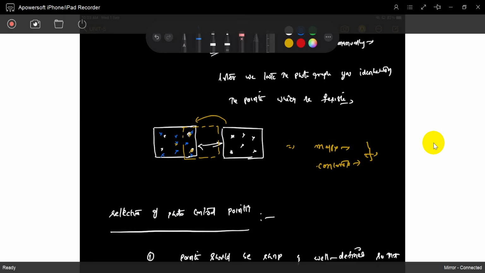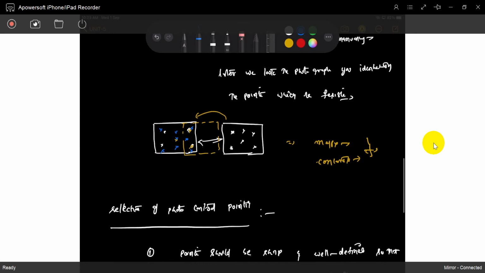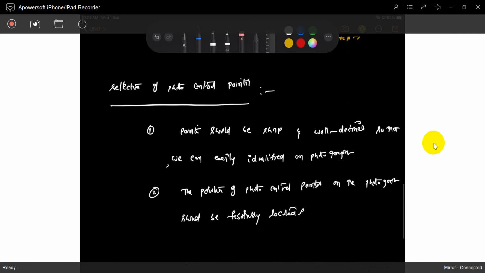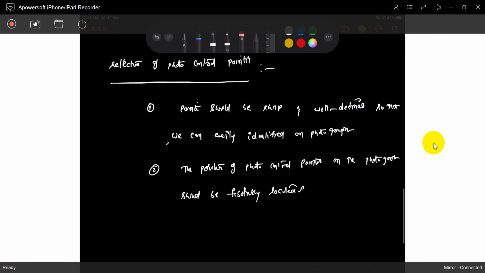We have to place those points spread out. That is the meaning of favorably selected, suitable for your assembling. Okay, that is the selection of photo control points.